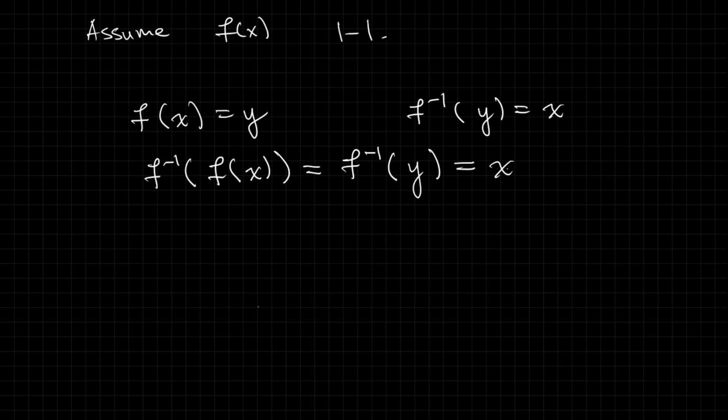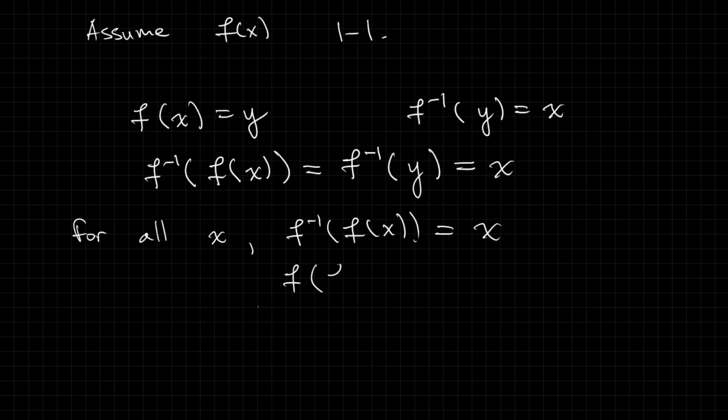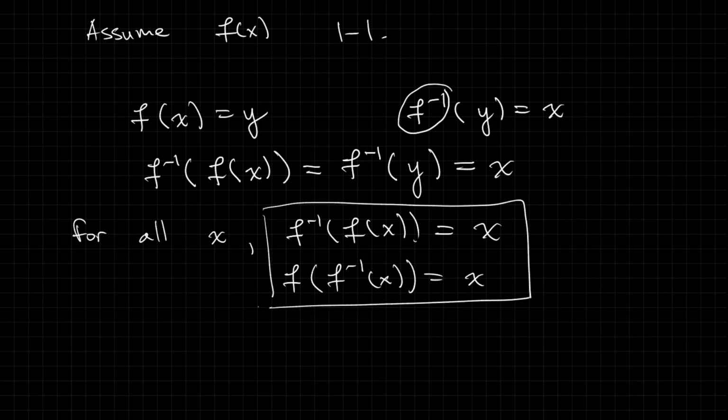And what this says is that for all x, f inverse of f of x is equal to x. Also, what happens to be true is f of f inverse of x is equal to x for all x. So what we just talked about is if you have an inverse function, then you know that f inverse of f of x will be x, and f of f inverse of x will be x.